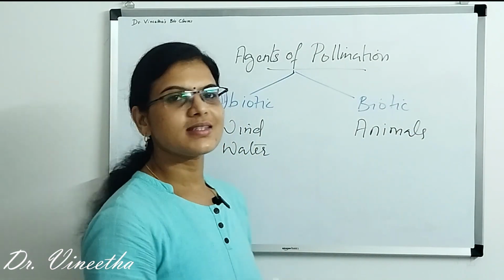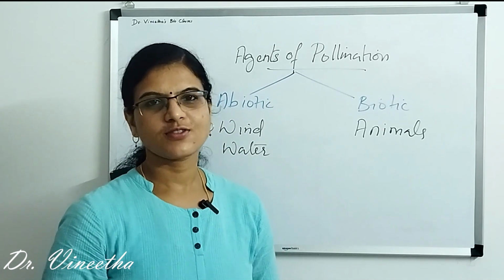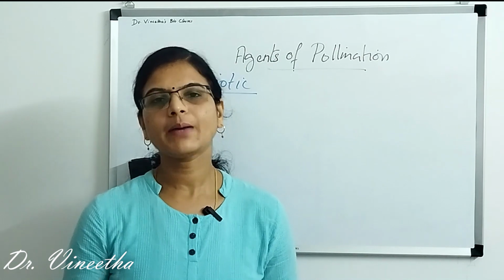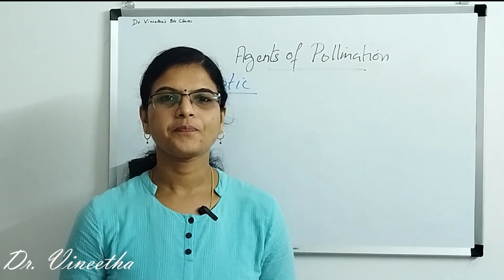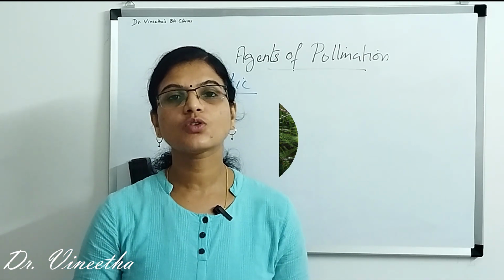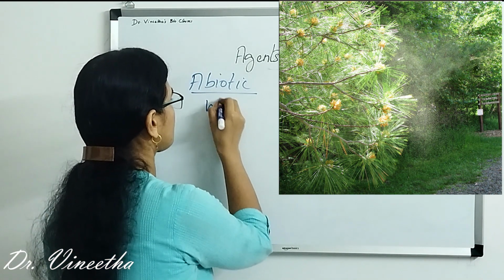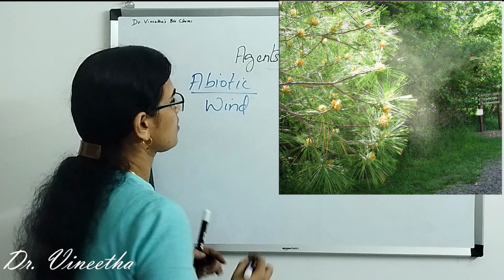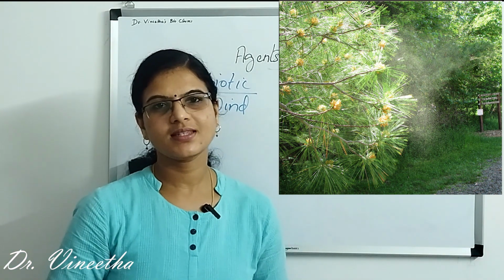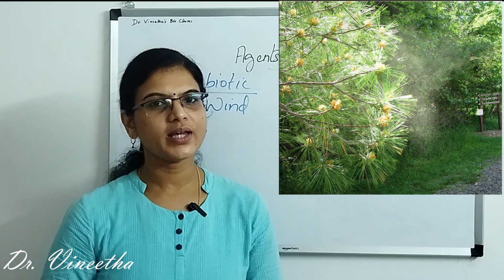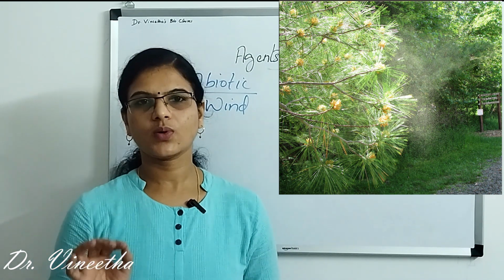So first we'll study the abiotic agents of pollination. Wind and water, we said, are the abiotic agents of pollination, and wind is the most common agent of pollination. Most of the pollination happens through the wind, but for pollination to happen through the wind, there are certain prerequisites.